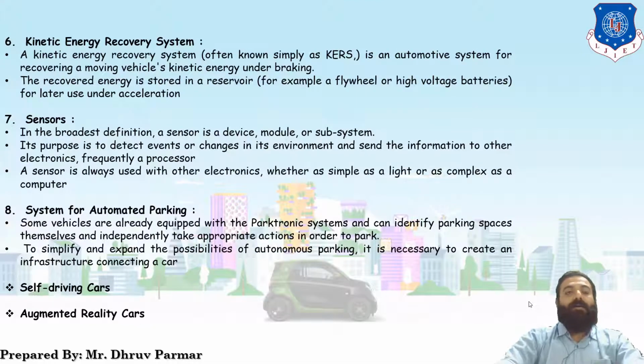The next one, the sixth one, is the kinetic energy recovery system. You know kinetic energy. By some applications or systems, you can convert kinetic energy into another form of energy. The kinetic energy recovery system, often known as KERS, is an automatic system for recovering a moving vehicle's kinetic energy under braking.